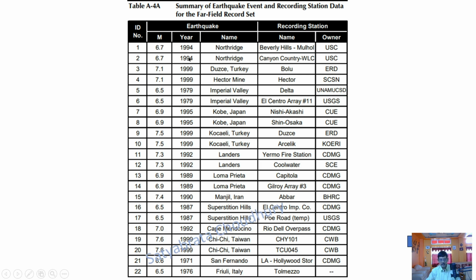There are years of occurrence and their peak magnitude. Magnitude is given, and the name and who obtained the data, those are available. So you have to use these 22 records to produce your fragility curves. These 22 records will not be used directly, but you have to find out the SCGM, the spectrum compatible ground motion corresponding to these background earthquakes.